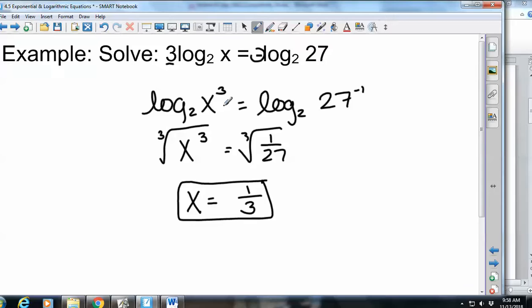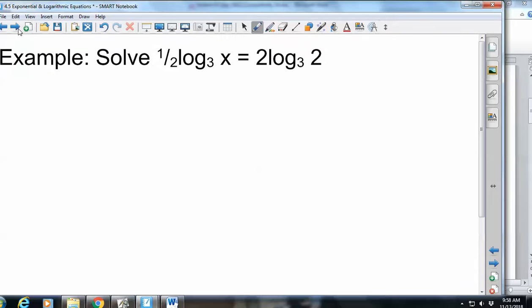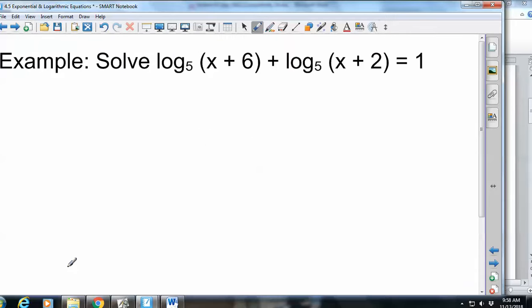Is this one okay? Look at this problem. Alright, a little bit different.